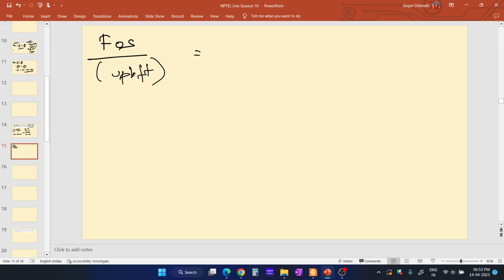It is given by Cu Nc into the cross-sectional area As, divided by Fu minus dead load.